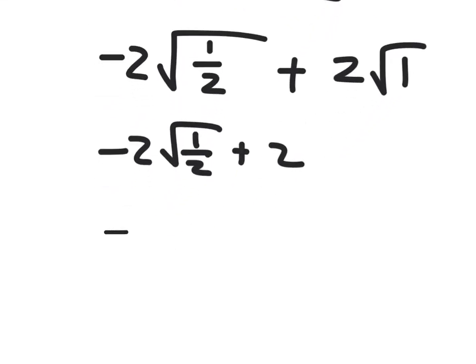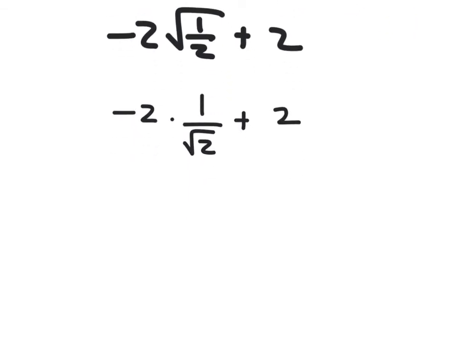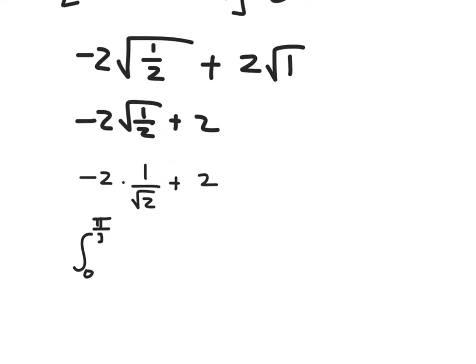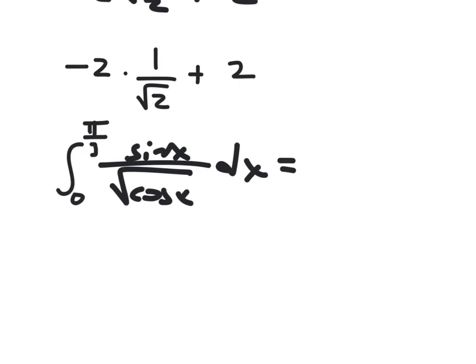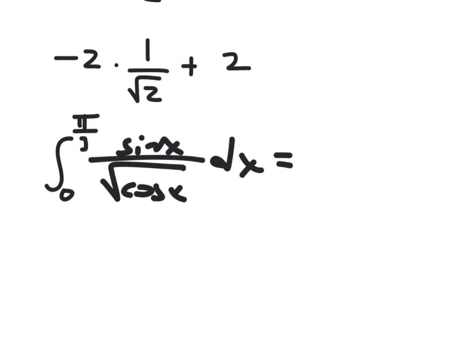We can do more with that. That's negative 2 times 1 over root 2 plus 2, which I would just leave. So the integral from 0 to pi over 3 of, what was this thing? Sine x over the square root of cosine x dx is equal to, I would take out a 2 and call this 1 minus 1 over root 2.